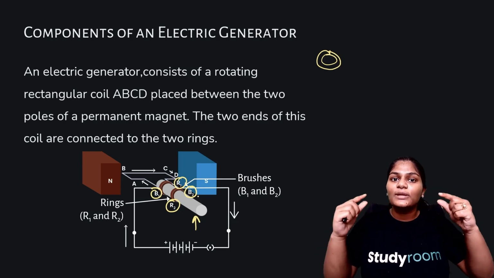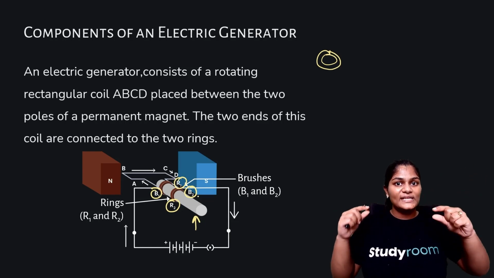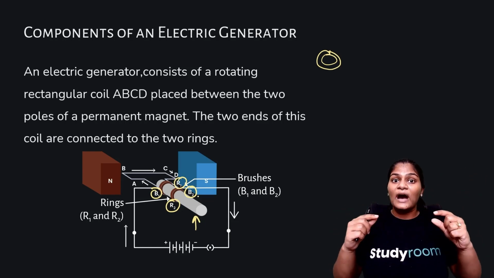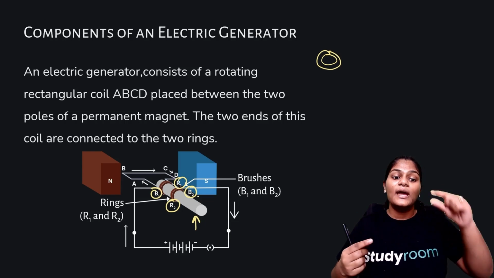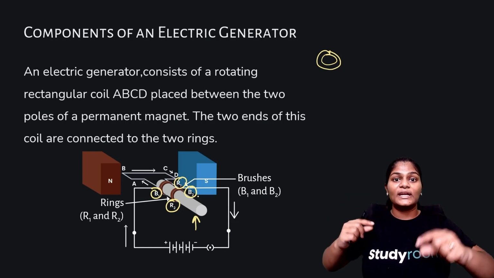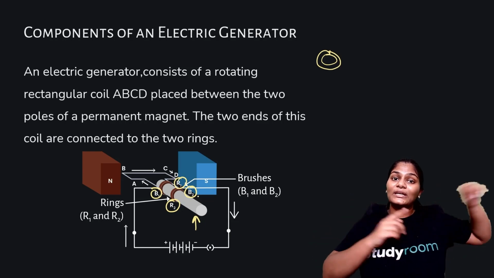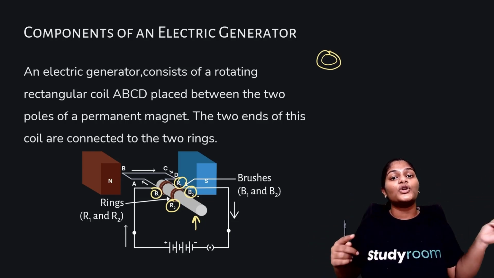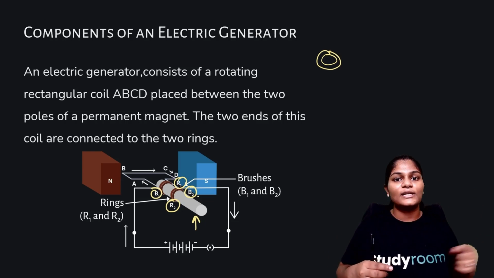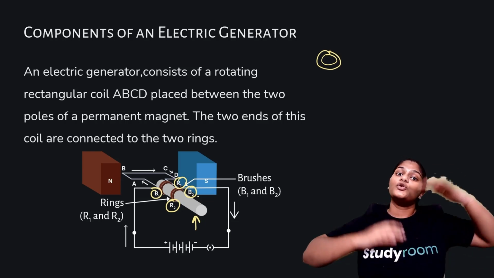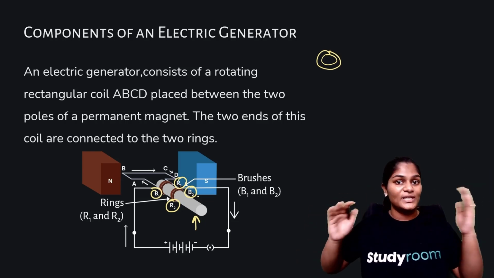Then the stationary brushes in case of the motor, which were X and Y connected to the two half rings, in this case are B1 and B2 connected to the rings R1 and R2. So you can connect everything to what you have already studied in case of a motor. It wouldn't seem like too much work to remember these two things separately.